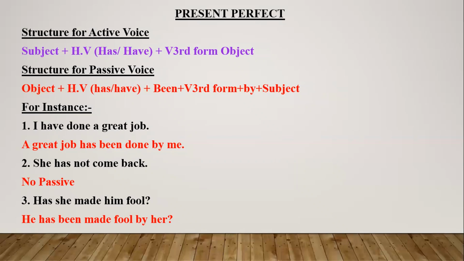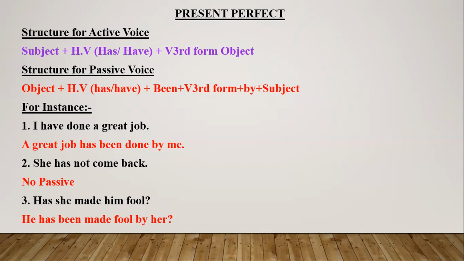So: object, helping verb has or have, then been, third form, and by plus subject. In present perfect tense, you have to remember one more point. The helping verb will remain the same. You can see has, have in active voice and passive voice has, have. You only have to add been with the third form, right?